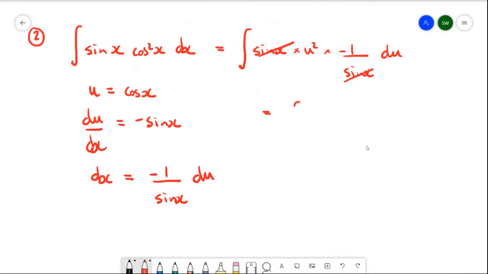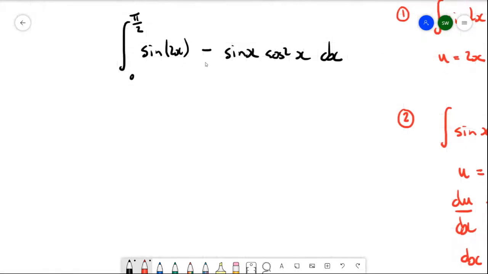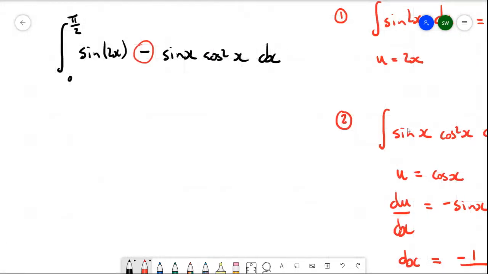So now we've just got to integrate minus u squared, and the integral of that is going to be minus a third u to the power of 3. But u is cos x, so we've got minus a third cos cubed x. Now we've got to be really careful here because I ignored this negative here when I did this integral.